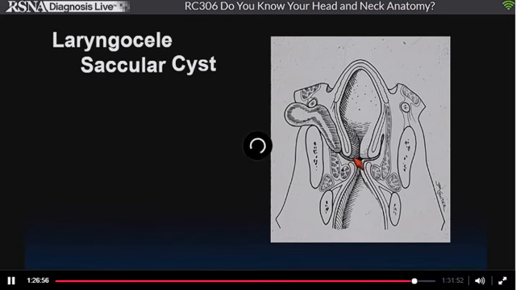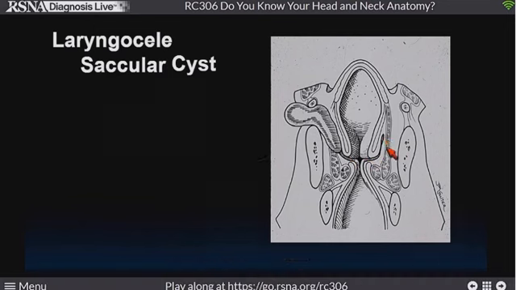So here is the ventricle. Here's this little channel, which is the appendix.